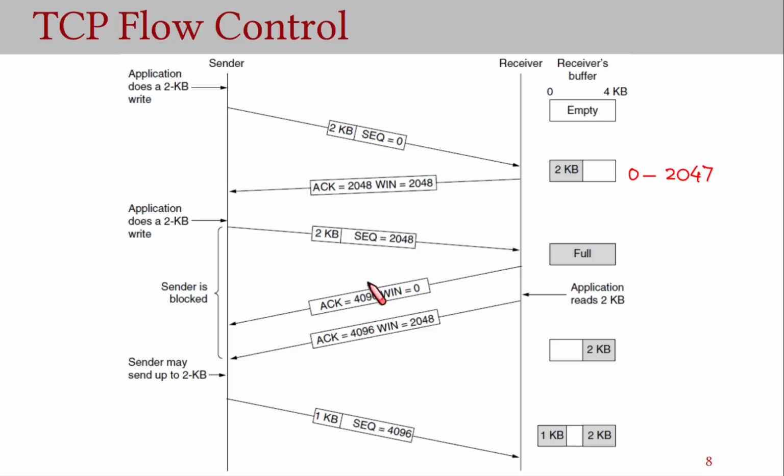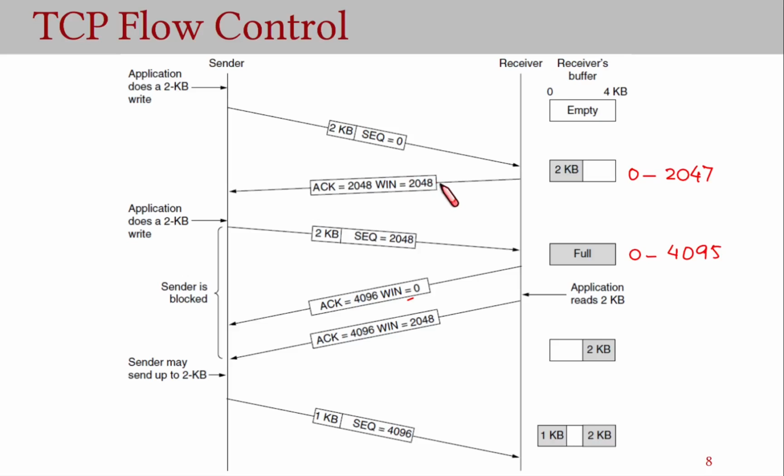The next byte expected is now 4096, because another 2048 bytes were received. So up to 4095, all of these bytes have been received. Therefore, next byte expected goes in the ACK field. However, in the advertised window, the size is 0 because there is no space on the receiver side.